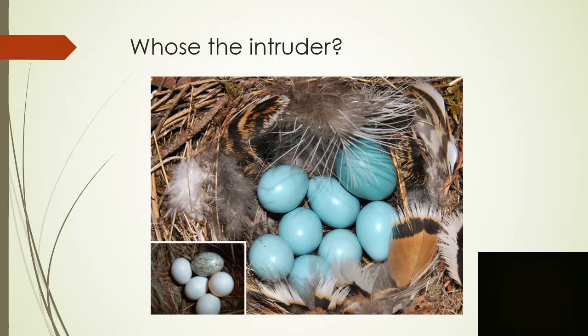On the lower left, the picture shows the brown-headed cowbird and the eastern phoebes. The eastern phoebes' eggs are the white ones, and as you can tell, the brown-headed cowbird's is the speckled one. So they are doing a pretty good job blending in and infiltrating the host's nest.